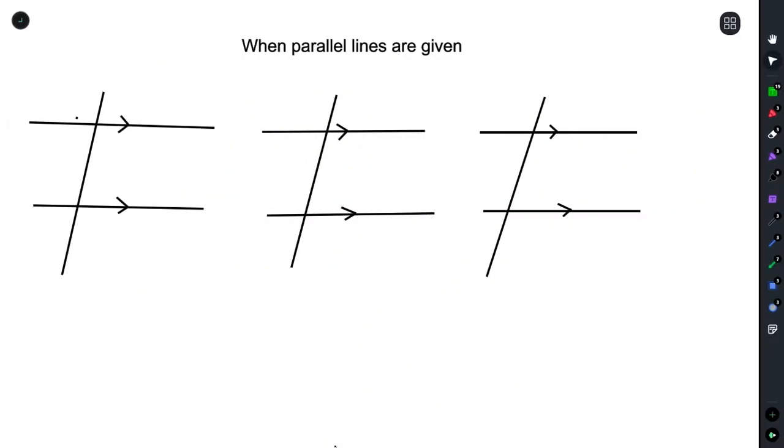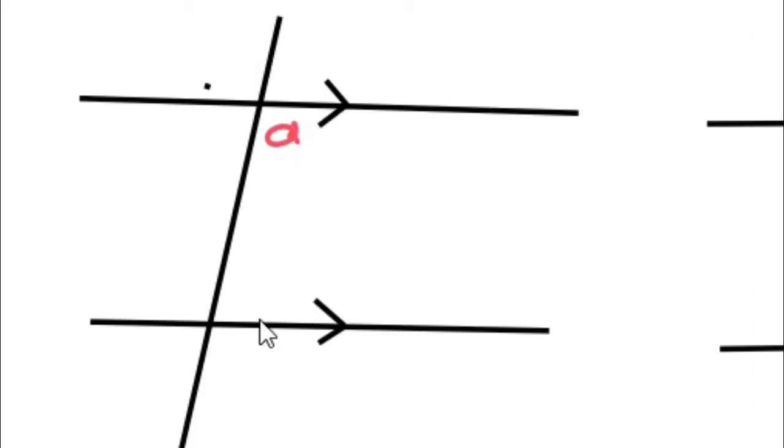So when you get questions in which you have parallel lines, like we see over here, a couple of things are true for parallel lines. We understand that for parallel lines, this angle we have over here, let's call it A, will be equal to that angle we have over there. And so would this angle over here be equal to that angle we have over there.